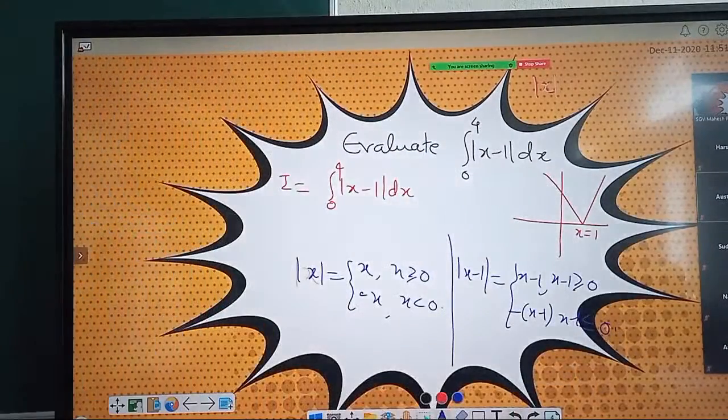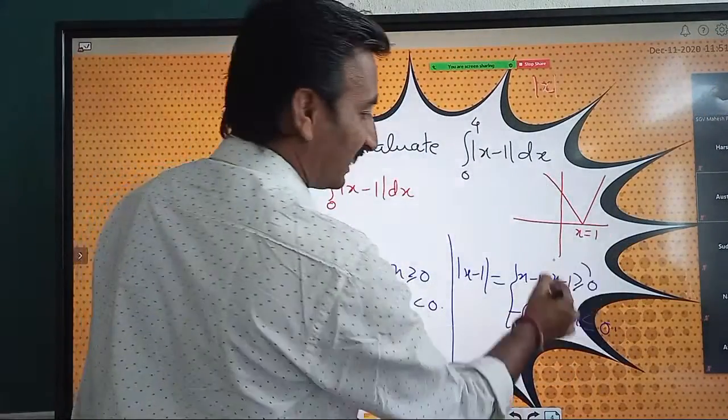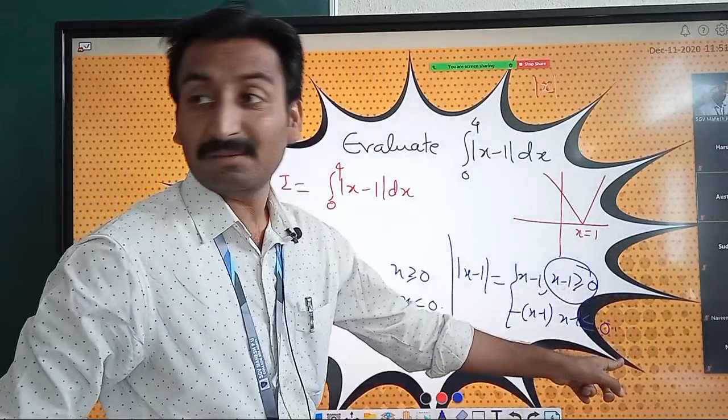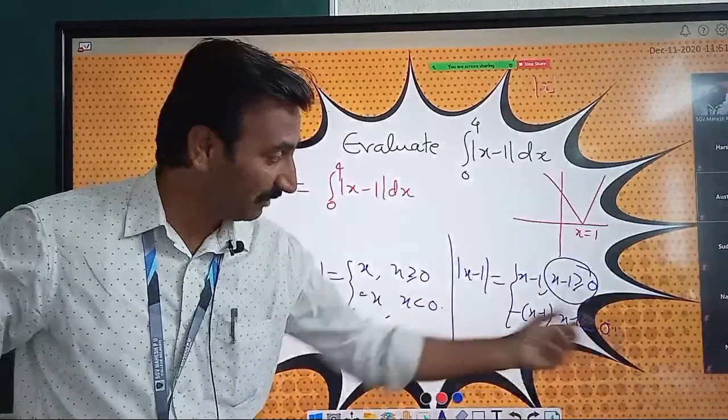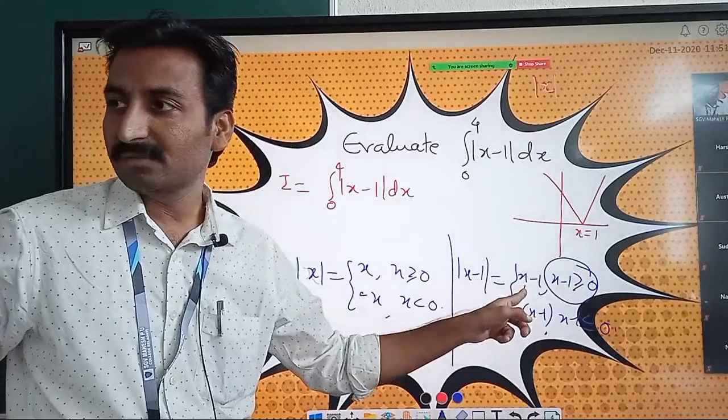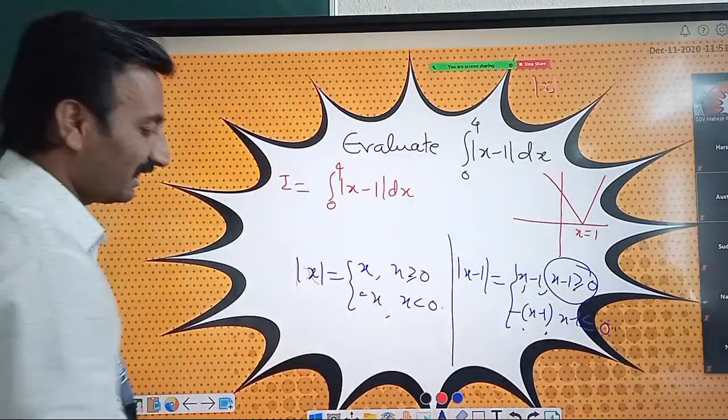Correct? So if I simplify, x is more than plus 1, x is less than plus 1. When x is less than 1, the value is negative. When x is more than 1, the value is positive. Correct?